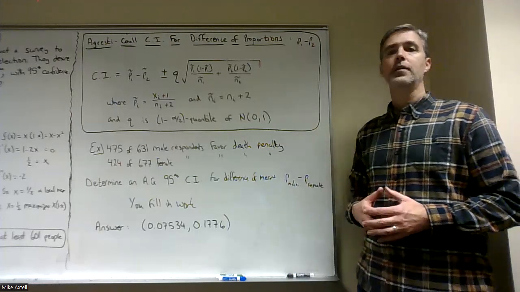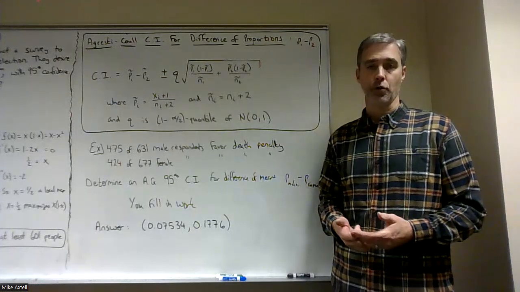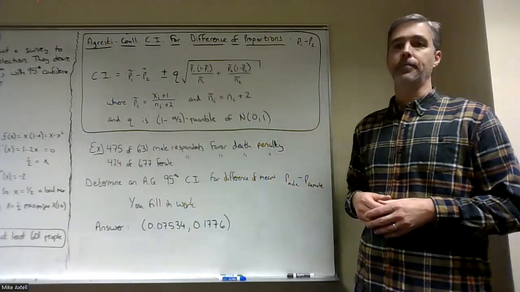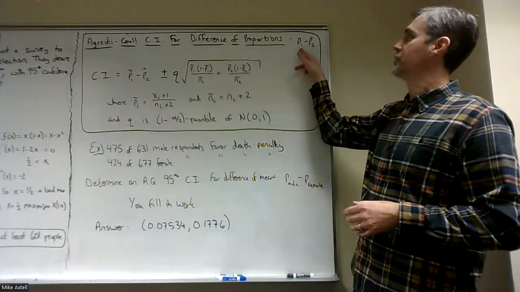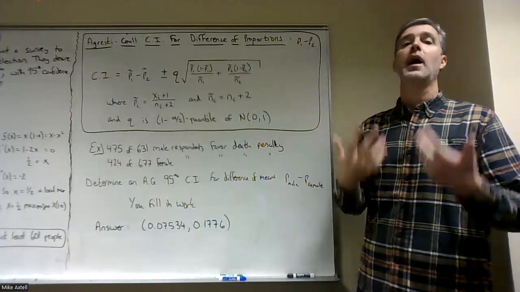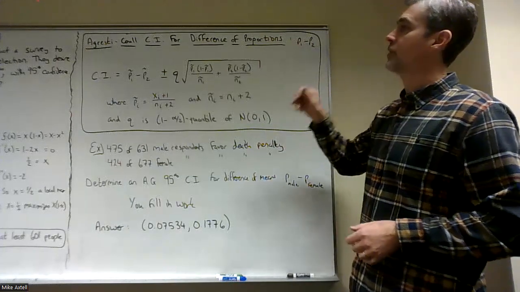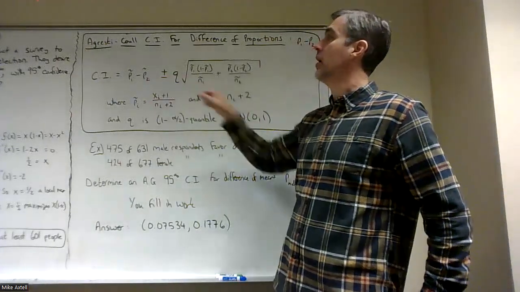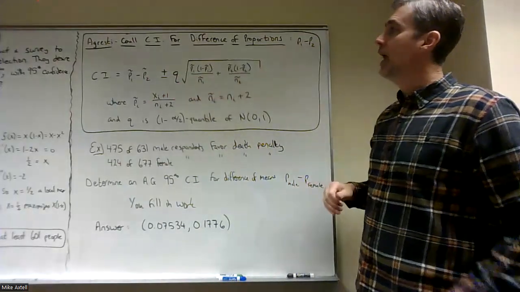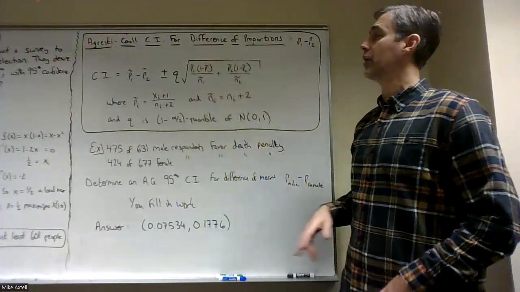All right, well, there's also an Agresti-Coull confidence interval for the difference of proportions. So if we have two separate populations and we want to look at the difference of their sample proportions, Agresti-Coull provides us an approximation of a confidence interval. So the confidence interval is p1 tilde minus p2 tilde plus or minus the quantile q times this lovely expression. And these p tildes and n tildes should be familiar from an earlier video.